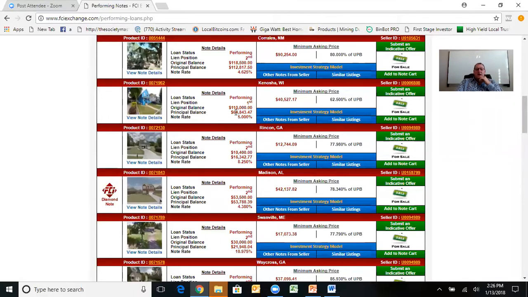But when I look at the principal balance and the original balance, it appears to have a lot of seasoning on it, number one, which means it's got equity, number two. Number three, the seller's asking price is very reasonable and very in line with a note of this nature. And it's actually below what a note of this nature would trade at. And the rate being 5%, although not the ideal situation, it's certainly a workable situation.